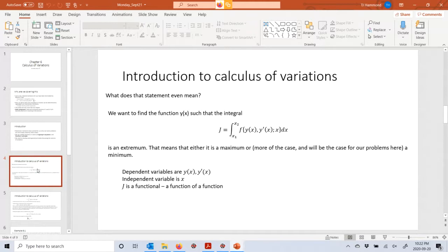And then we also have these dependent variables, y of x and y prime of x, where y prime of x is the full derivative of y of x. And J is called a functional, which is a function of a function. It's this functional that we want to understand, that we want to take the extremum of. When we say it's an extremum, it means we either have a maximum or a minimum.